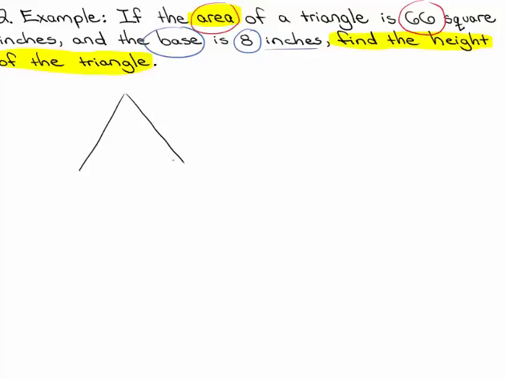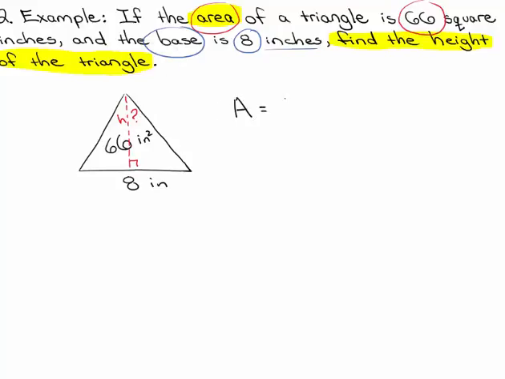This is just as if anyone's a visual learner like me, they need to draw pictures. This is what we got. We got 66 square inches. That's the inside, that's the area. We got the base, 8 inches, and we are looking for the height. So we'll say h, h question mark. We don't know what it is.